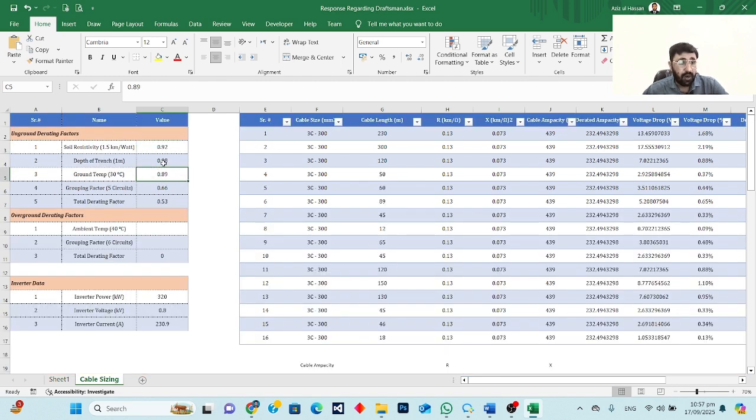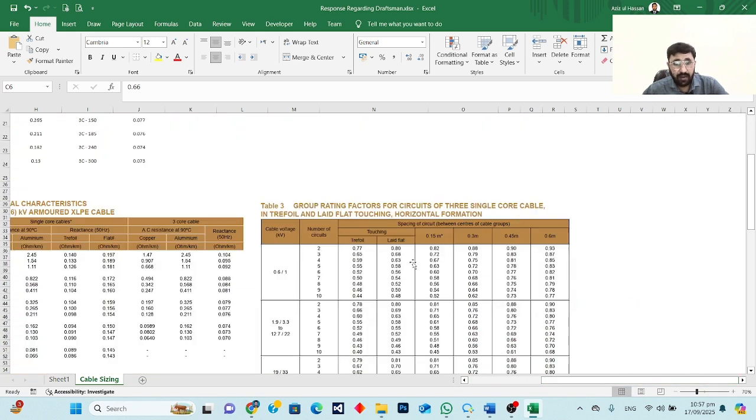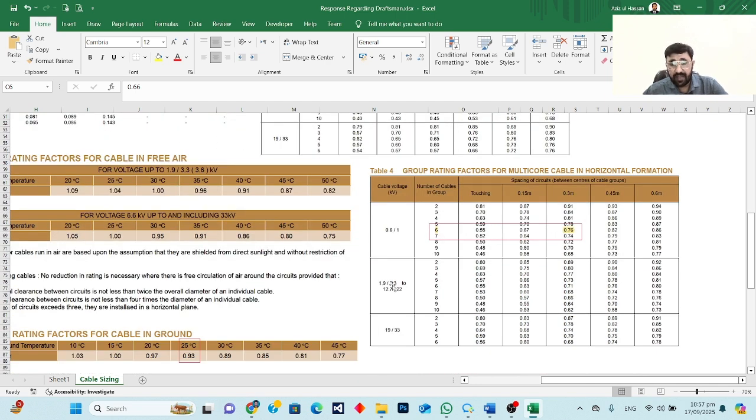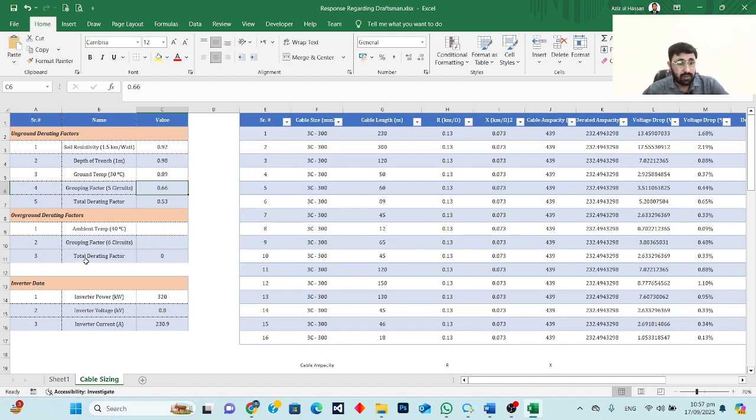So it is 0.98. And for the grouping factor, you can see that there are grouping factors available for horizontal three-circuit single core. For the multiplying factor, you can see that our cable is 1.9/3.3 kV. So that is why we are considering the 5 circuit factor with 300 mm. It is 0.3, 5 factors. So here is the value. So the total derated capacity is given at that, and that is the power of the inverter.